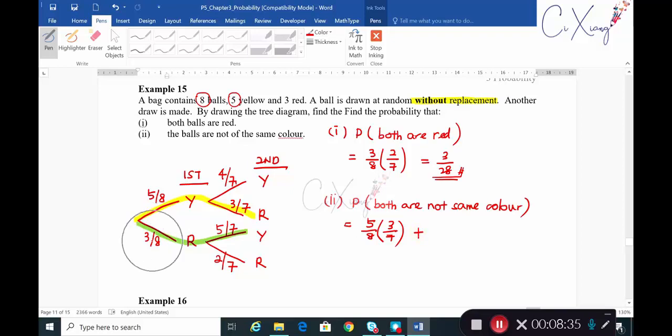The second case is 3 over 8 multiplied with 5 over 7. From here you get the probability 15 over 28, or 0.536.